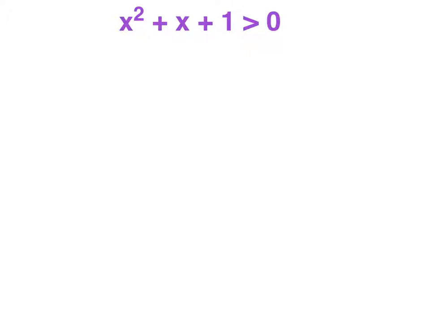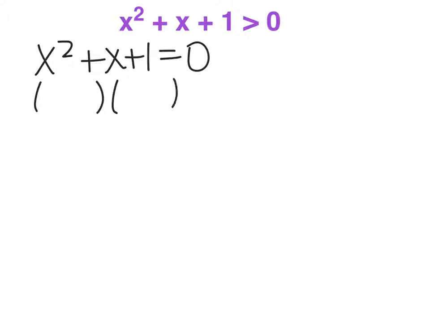And for our last example, let's take a look at x squared plus x plus 1 is greater than 0. So obviously the first thing I'm going to do is set this equal to 0 and try to see if I can factor it. And unfortunately, I can't find a way to factor this that is going to satisfy my equation here.